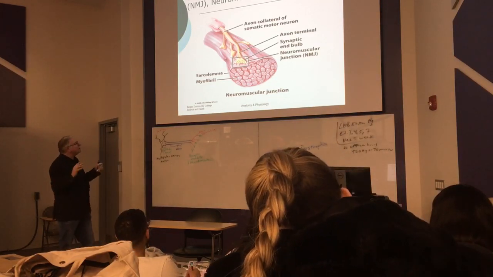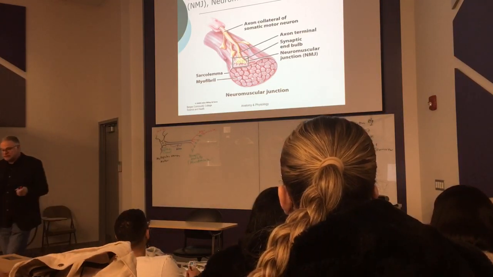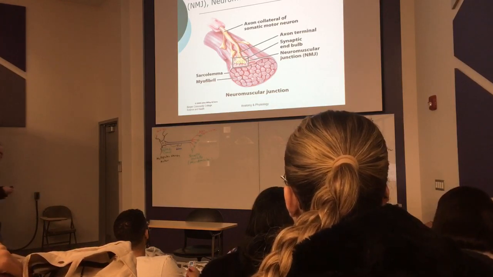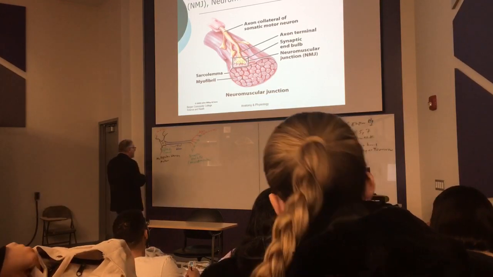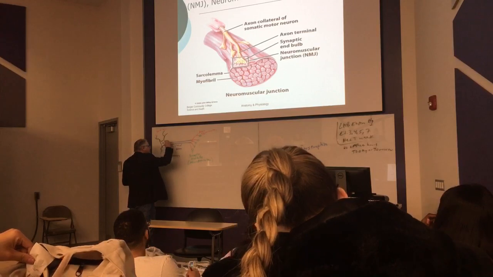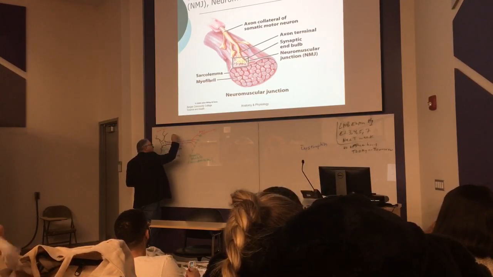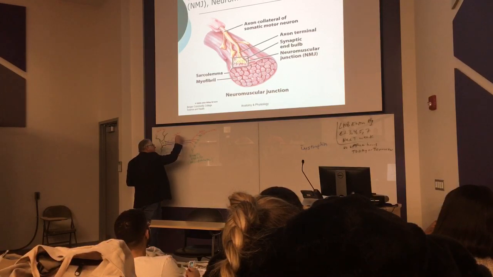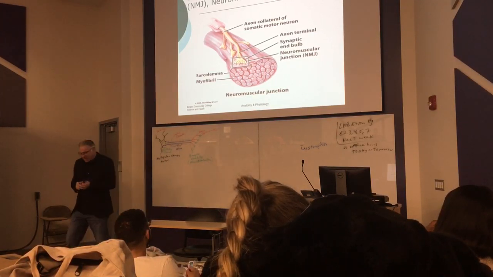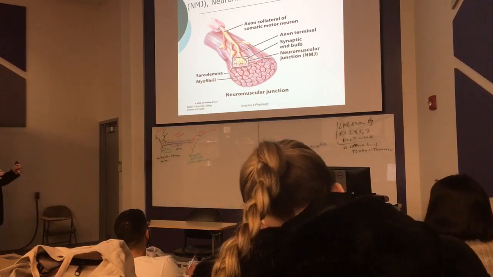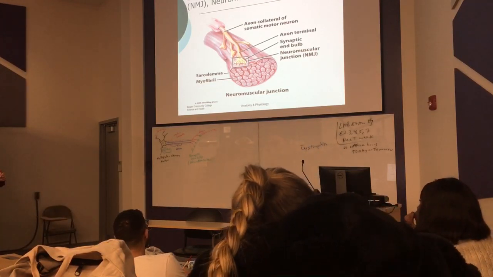Okay, so now motor neurons, for the most part, are going to have this protective coating. It's called a myelin sheath. What that myelin sheath does is insulate the nerve.